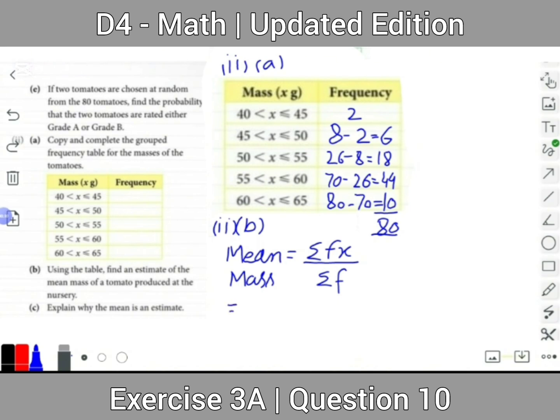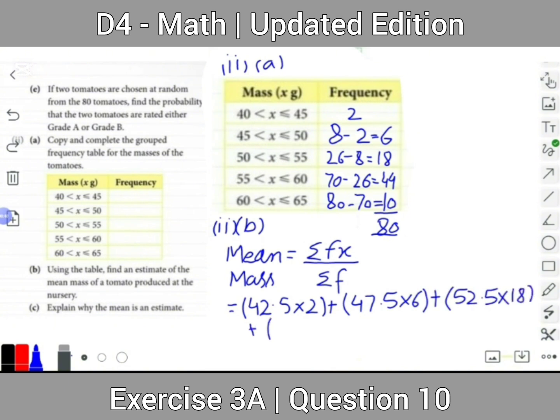So from the formula, the first mid value is 42.5 multiplied by the frequency 2, plus the second mid value 47.5 multiplied by the second entry of the frequency table, which is 6, plus the third mid value 52.5 multiplied by the third entry, which is 18, plus the fourth mid value 57.5 multiplied by the fourth entry, which is 44, plus the fifth mid value 62.5 multiplied by the last entry, which is 10, divided by the total number of frequencies, which is 80.